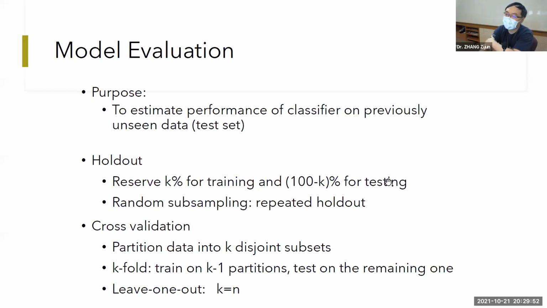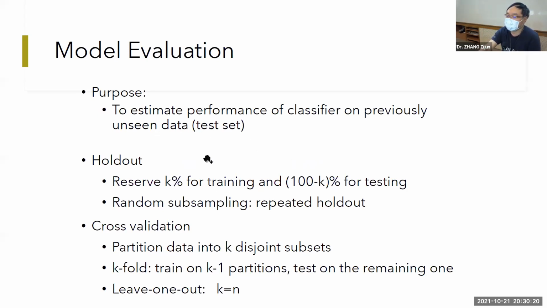So one very important topic is model evaluation. The purpose is we want to estimate the performance of our model on some unseen data. Usually it's test data. So in evaluating your developed data-driven models, we don't look at training error, we don't look at validation error. We only look at test error.